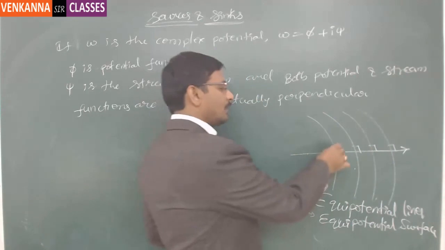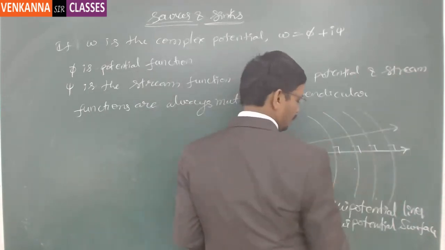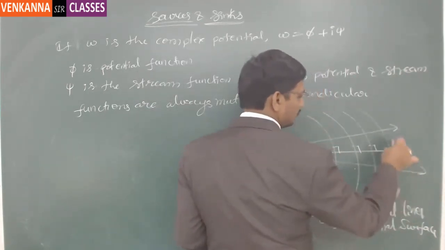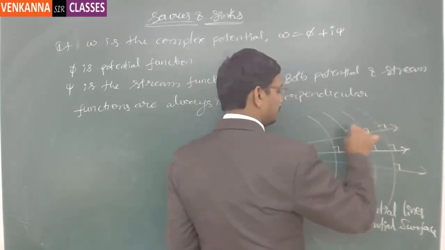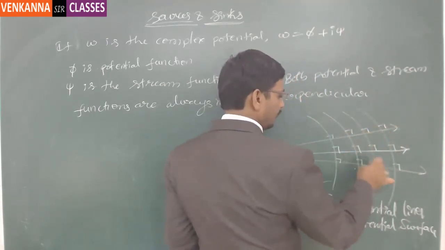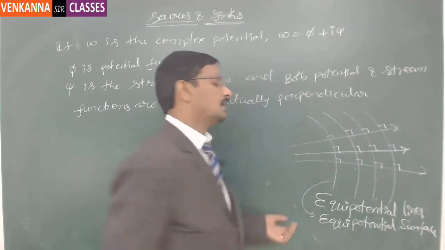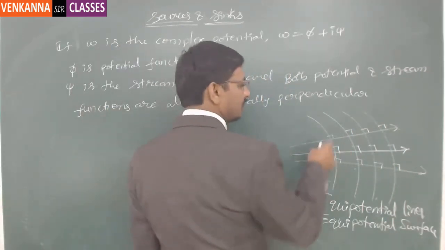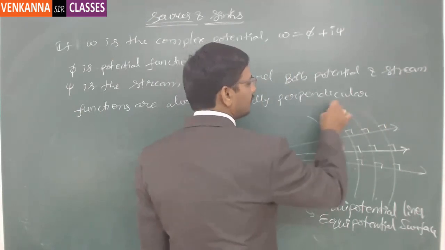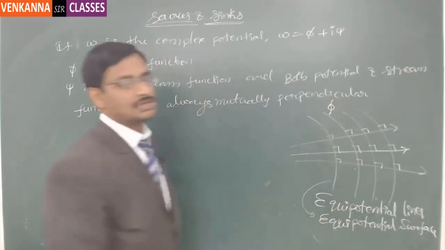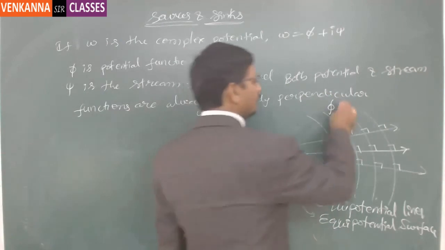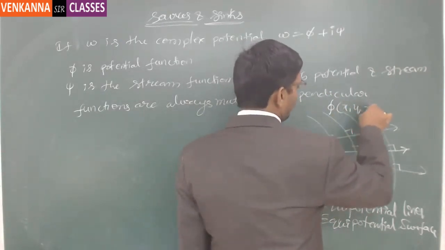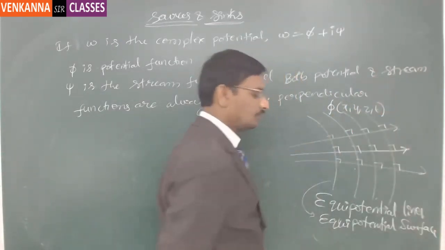Exactly perpendicular to that, the flow will be happening. So everywhere, the condition is that it has to be 90 degrees. So this gives an excellent analysis in complex analysis. Now if the equipotential lines are nothing but the potential function phi, it may be a function of x, y, z, or it may be a function of time also.